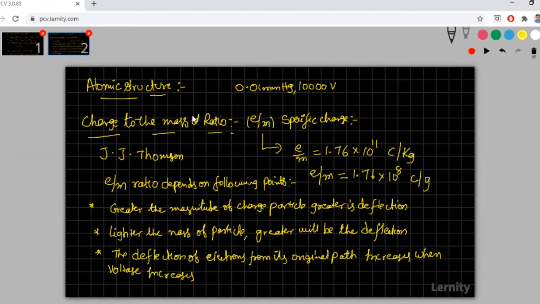Lighter the mass of the particle, it can move fast, so greater will be the deflection. The deflection of electrons from its original path increases as voltage increases. What is the final value for e/m? e/m is equal to 1.76 into 10 power 11 coulomb per kg. Are you clear? Next point.